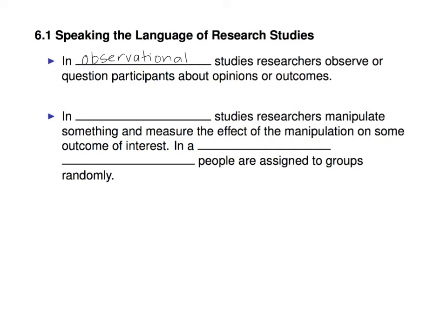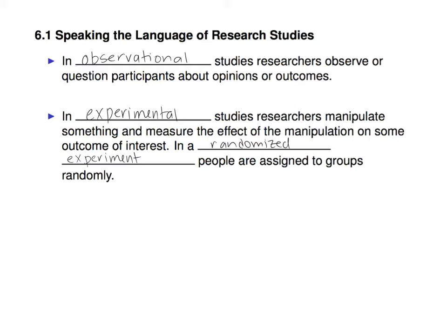In experimental studies, researchers manipulate something and measure the effect of manipulation on some outcome of interest. And in a randomized experiment, people are assigned to groups randomly.